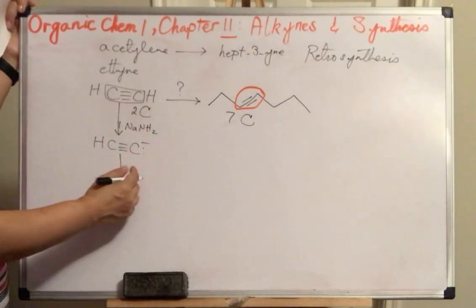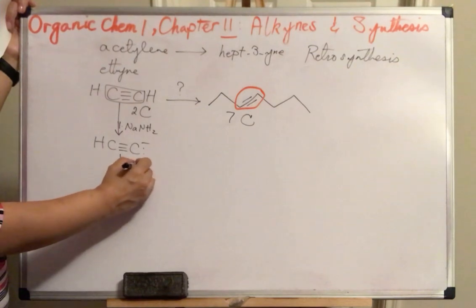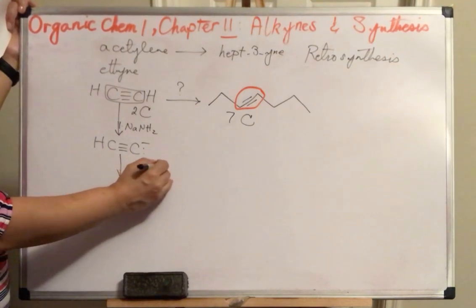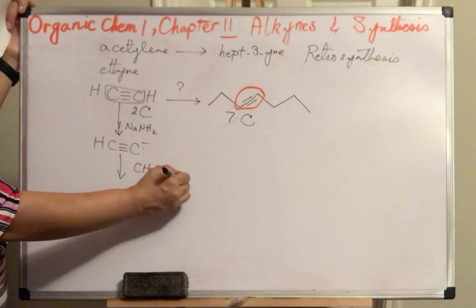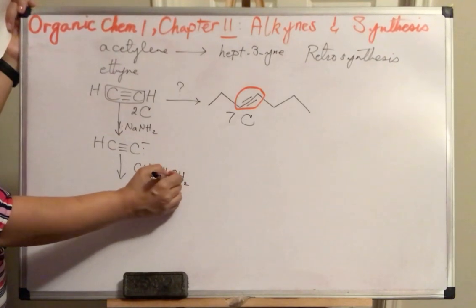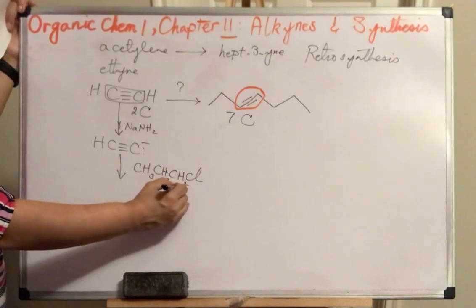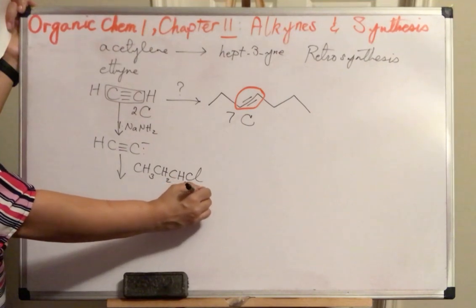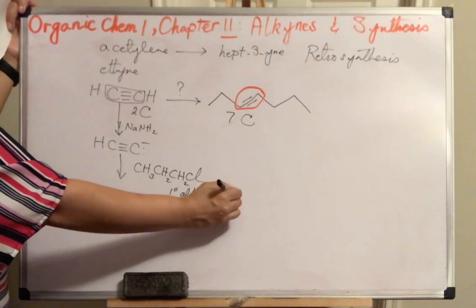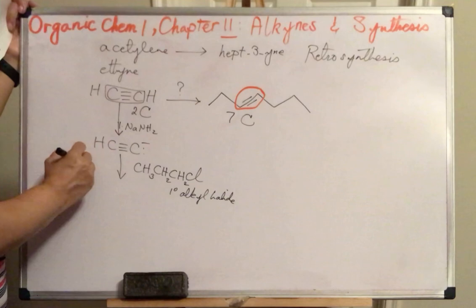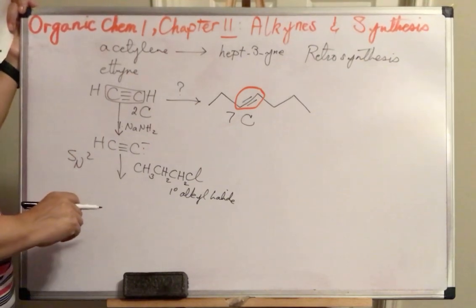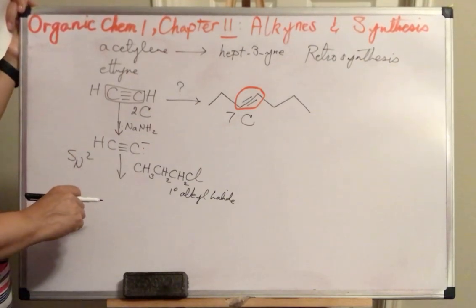So we add CH3, CH2, CH2, and what should it be? A primary alkyl halide, right? To have an SN2 reaction. So now you see how we use the reactions we learned in synthesis.